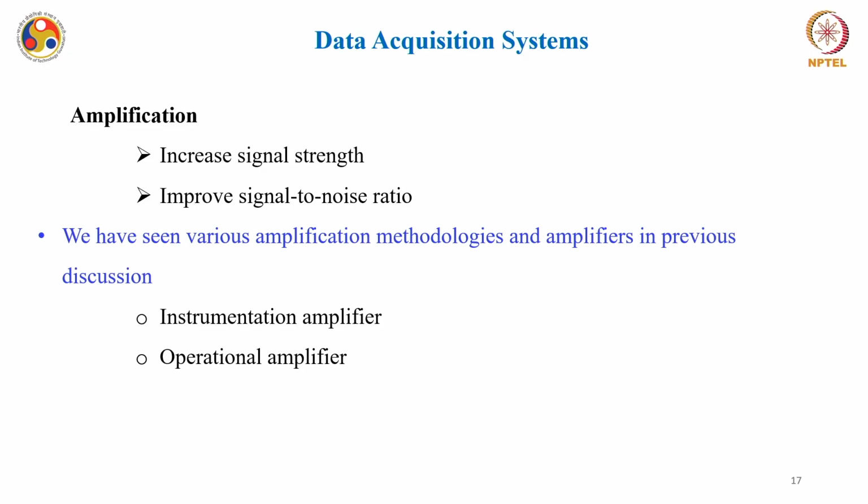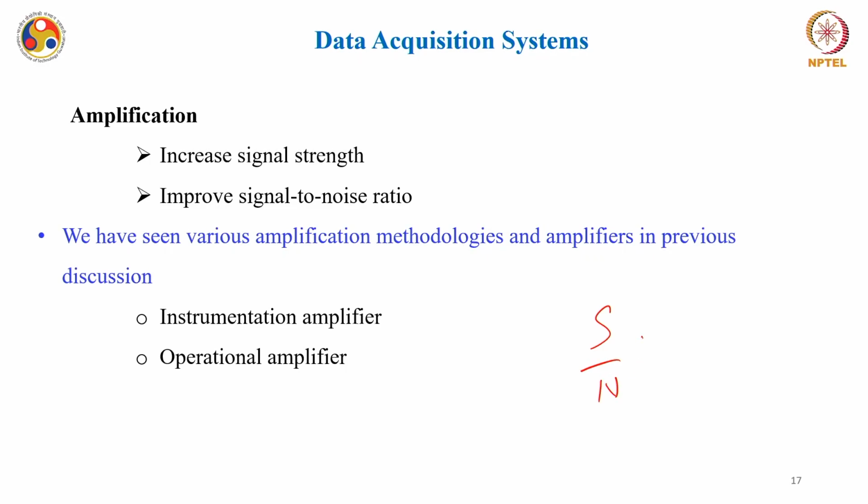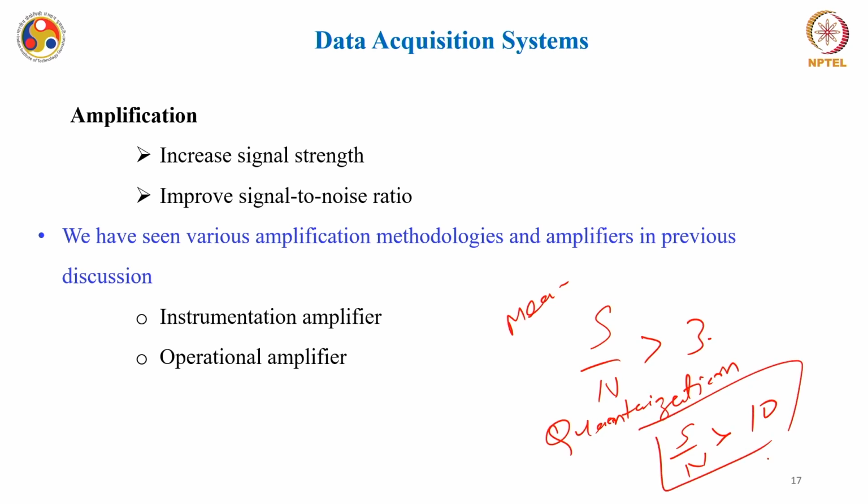Ultimately we have seen that for any measurement we want signal to noise ratio usually greater than 3, and for quantization the signal to noise ratio should be greater than 10.